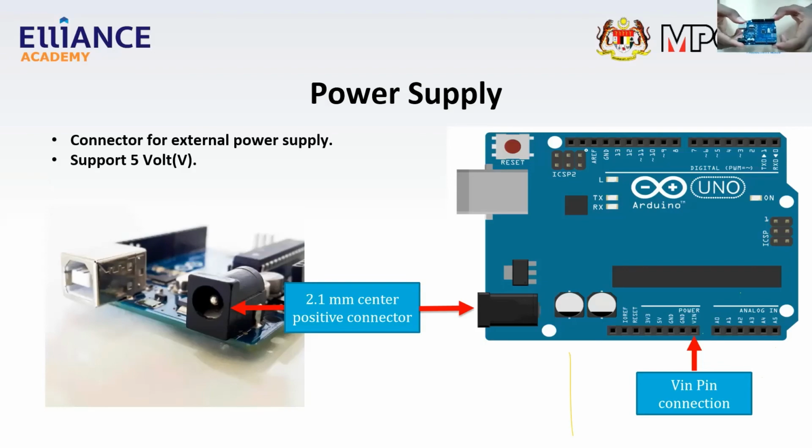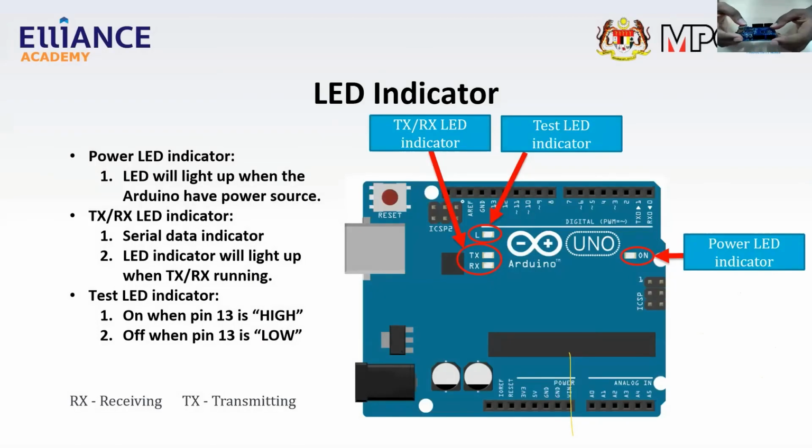All right. So let's take a look at the LEDs on the board. There are many LEDs here. Some of them indicate some purposes. Arduino has built-in LEDs on the board that help us to indicate certain information. There are 3 LED indicators on this Arduino board.